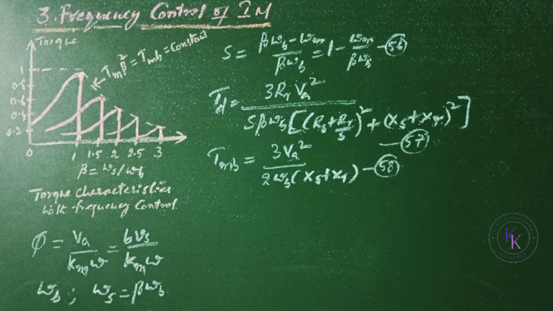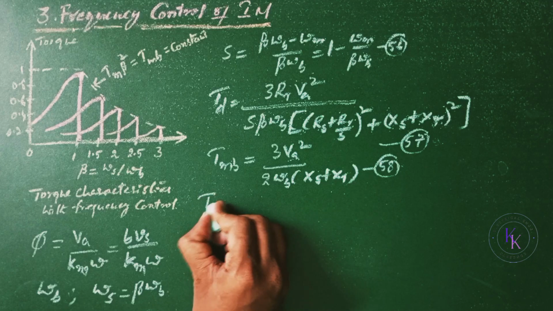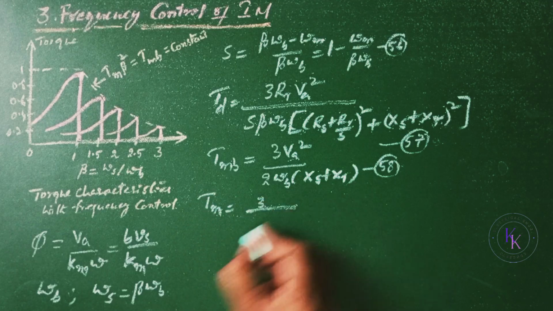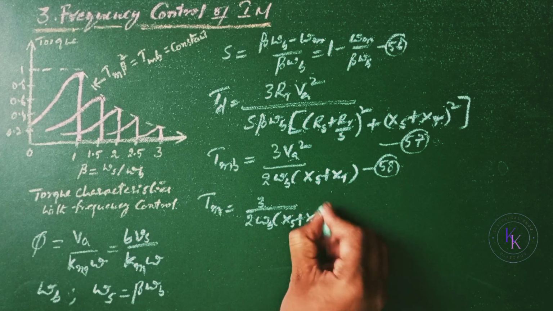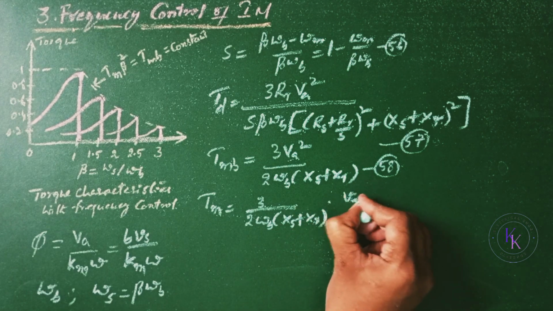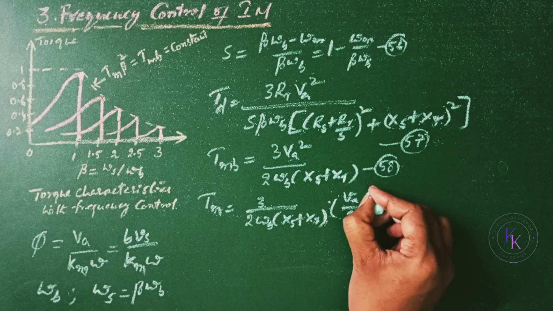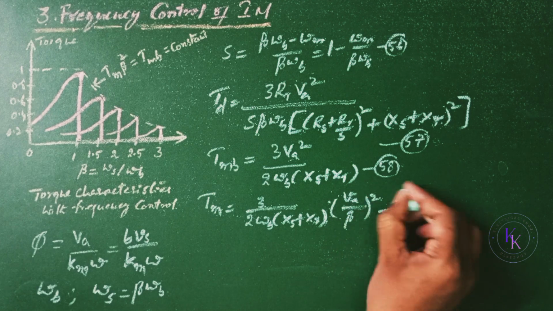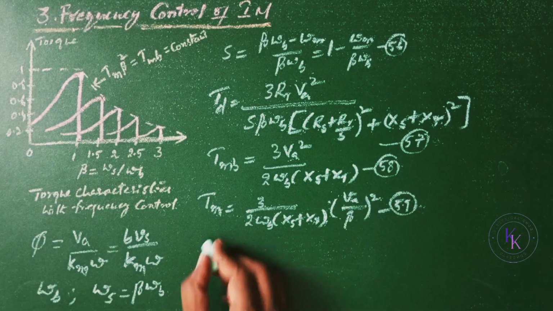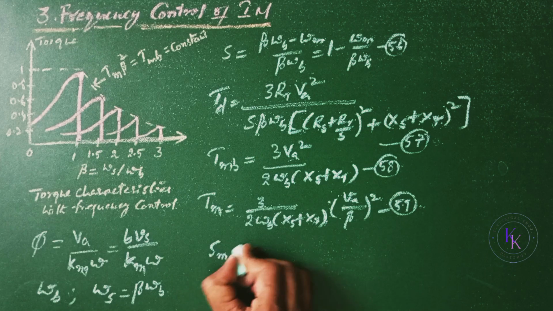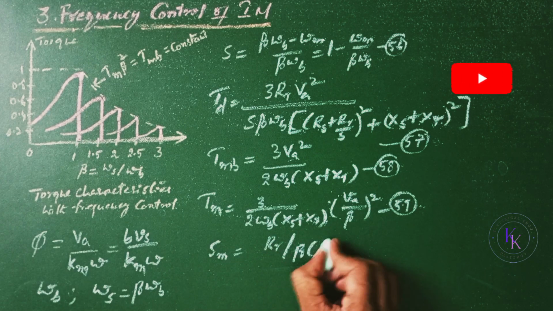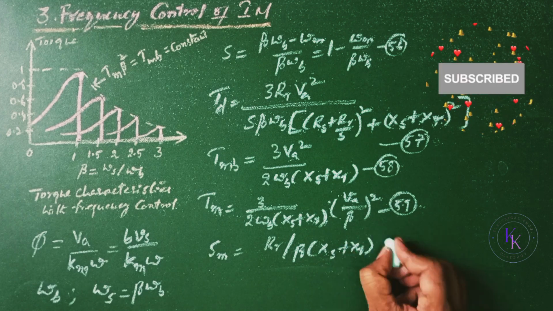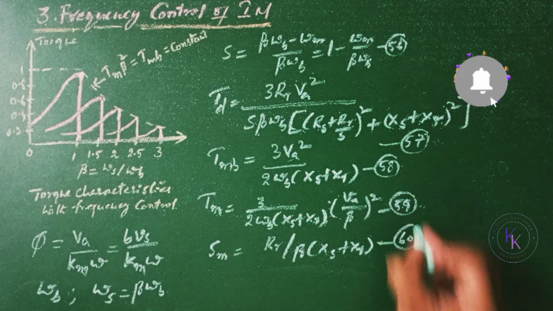Now the maximum torque at any other frequency is given by Tm equals 3 by 2 omega b of (Xs plus Xr) of (Va by beta) whole square. Let it be 59. Now the corresponding slip Sm is given by Rr divided by beta of (Xs plus Xr). Let it be equation number 60.